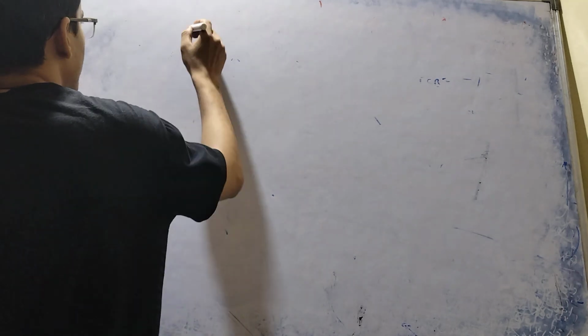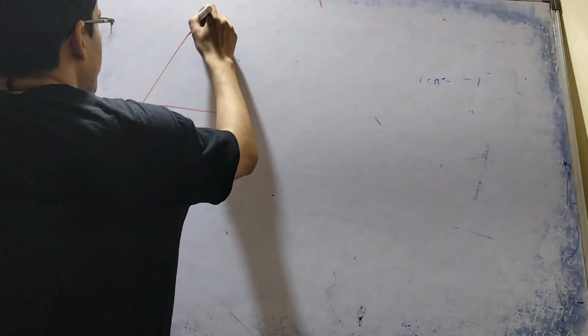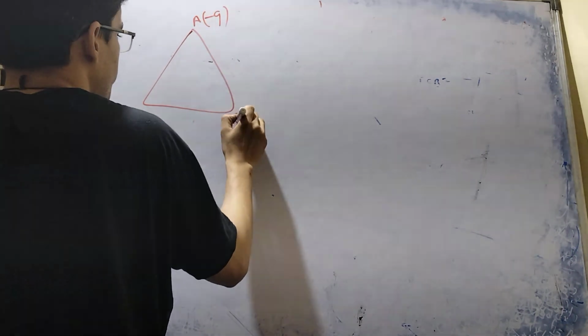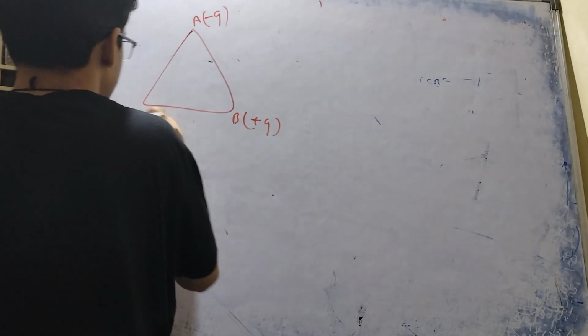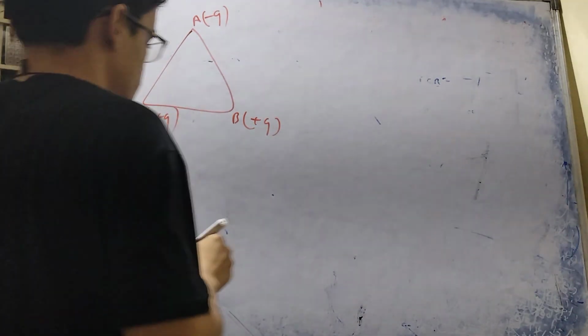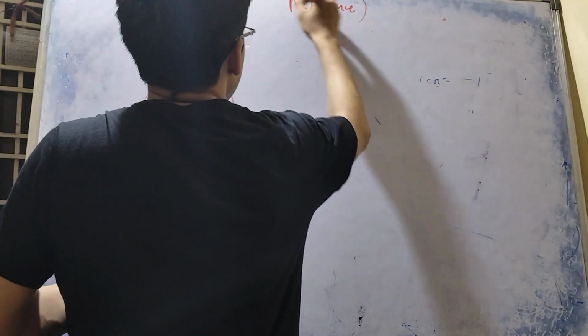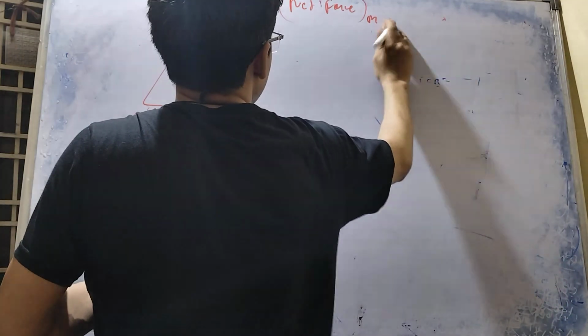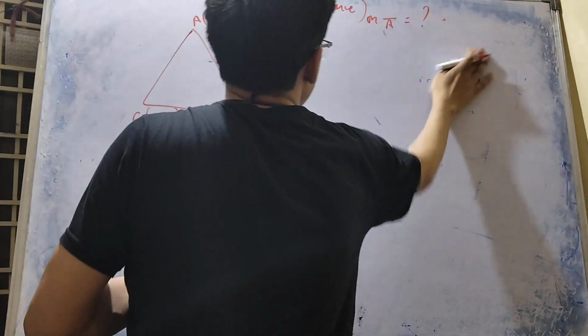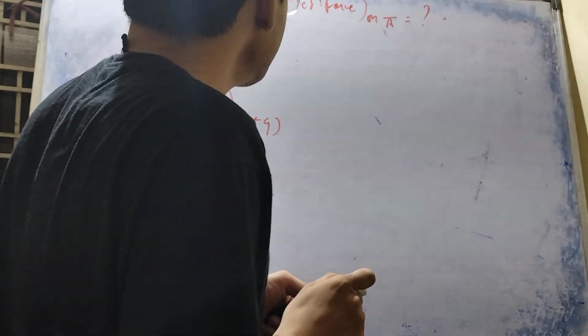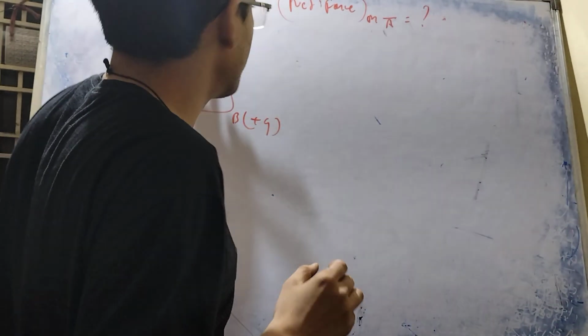Next, we have this: point A minus Q charge, point B plus Q charge, point C plus Q charge. Now, net force on A, net force on C. Net force on A here.